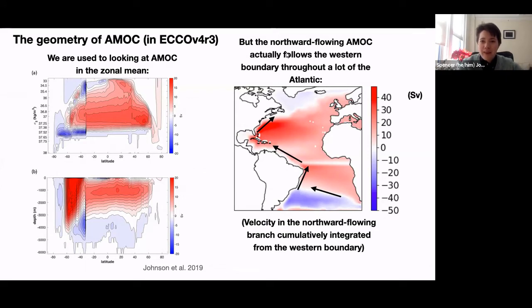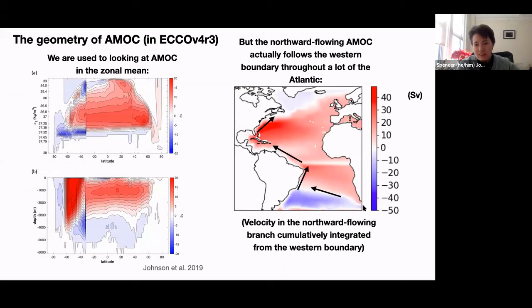So if you look here, what I've sort of done is I've just integrated the velocity in the upper portion, the northward flowing portion of the Atlantic. I've integrated it from the western boundary eastward.